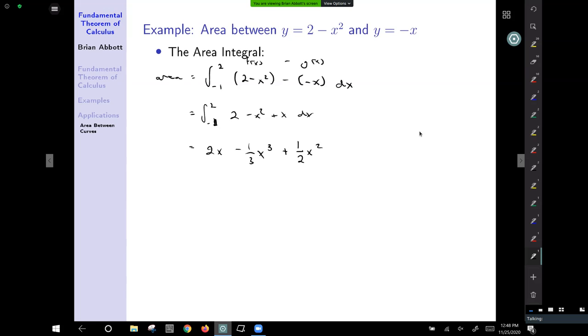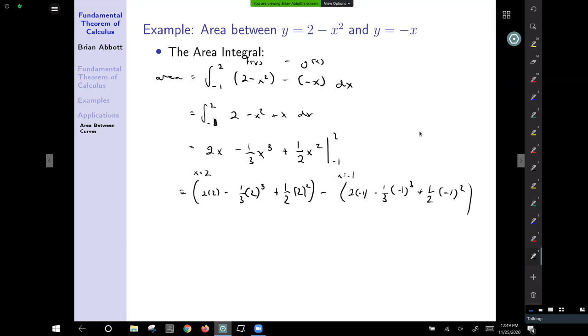We evaluate this using the fundamental theorem of calculus from negative 1 to 2, at our top guy, x equals 2, and then our bottom guy, x equals negative 1. That gives us 2 times 2 minus 1/3 times 2 to the third power plus 1/2 times 2 squared, minus 2 times negative 1 minus 1/3 times negative 1 to the third power plus 1/2 times negative 1 squared.